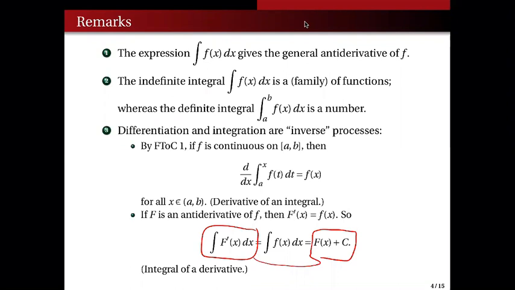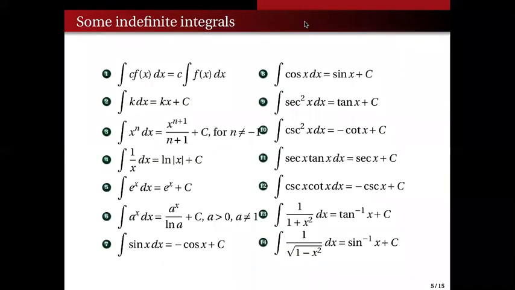No questions? Now, let me present the indefinite integrals. These are some properties and also some indefinite integrals that you should remember. You have here the integral of c times f of x dx.